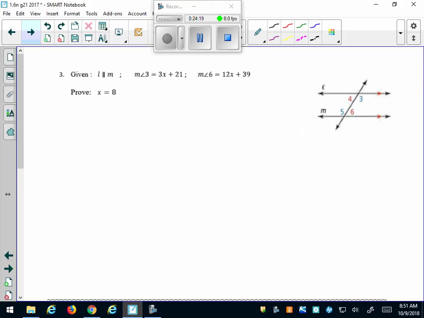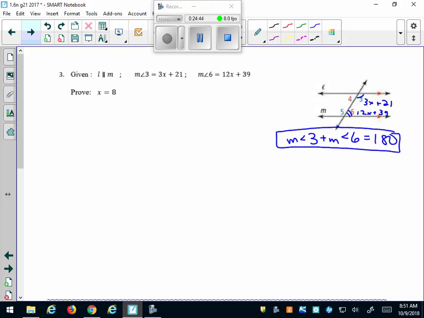Here, if we look at this next one, the measure of angle 3 is 3x plus 21. Measure of angle 6 is 12x plus 39. Now, hopefully you recognize here that these are not congruent, but they are same side interior angles. So the measure of angle 3 plus the measure of angle 6 is going to equal 180.